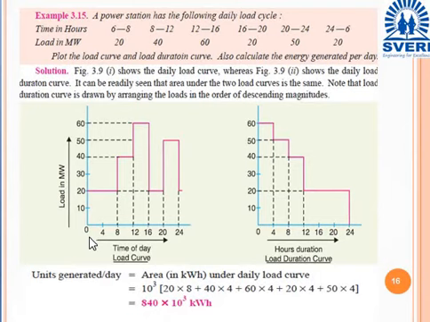First of all, for the first 6 hours, from 0 to 6, and then 6 to 8, the load will be 20 megawatt. So, we can see over here the load is 20 megawatt, then from 8 to 12 it is 40.